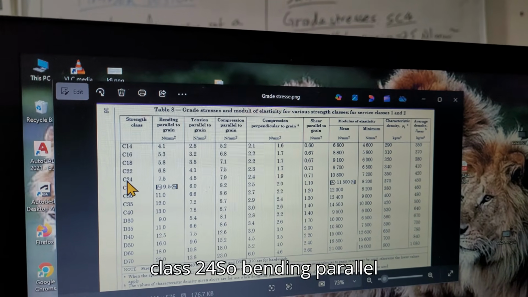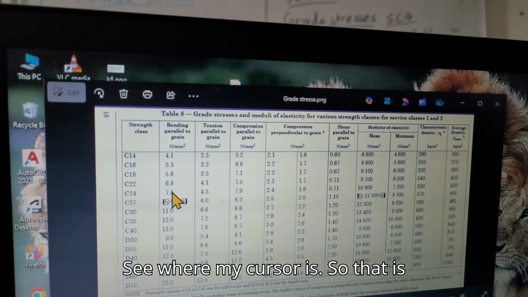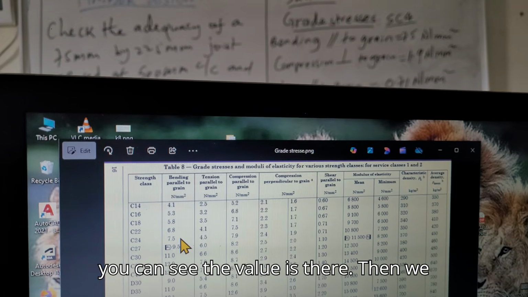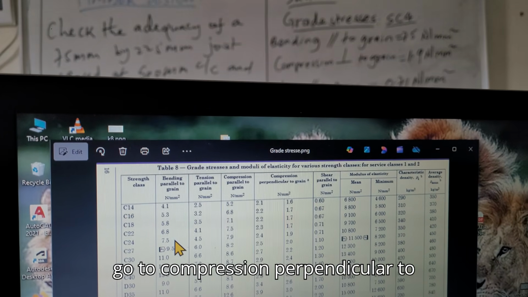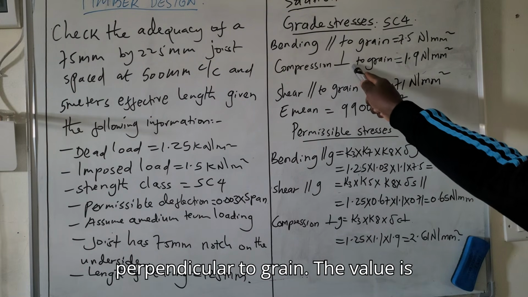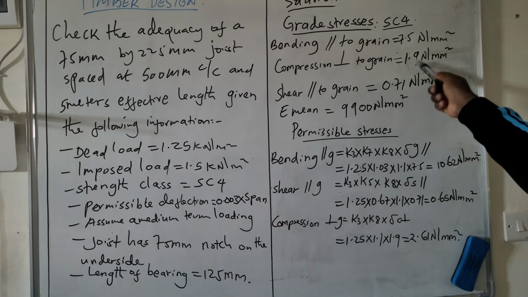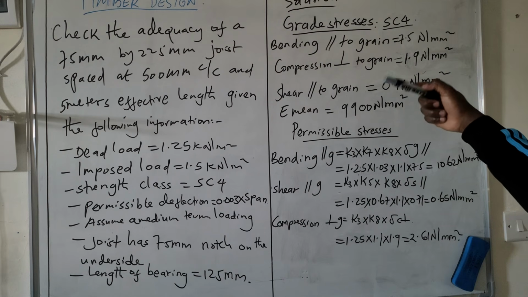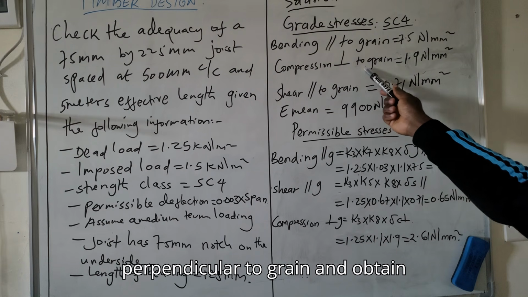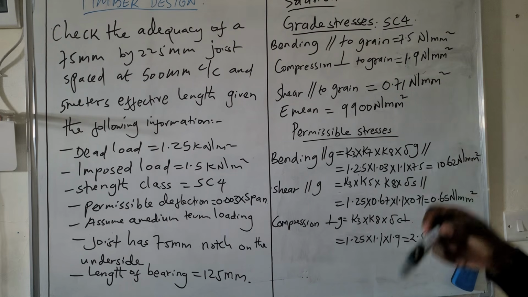So that class 24, bending parallel to grain, as you can see where my cursor is, that is 7.5. So as you can see, the value is there. Then we go to compression perpendicular to grain. The value is 1.9 Newton per millimeter square. In the table that will be provided, you'll go for this strength class 4 and go direct to compression perpendicular to grain and obtain 1.9 Newton per millimeter square.